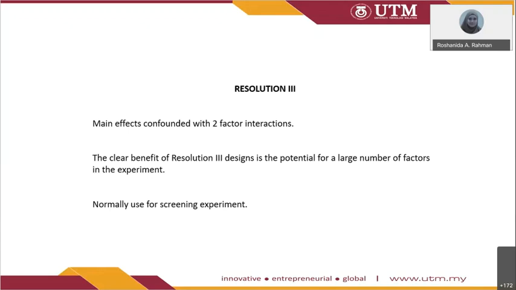I think it's enough for my screening process. That's why I choose resolution 3, and towards the end, I'm going to do optimization after I eliminate insignificant factors. This is a normal reason that you can use for your screening process.